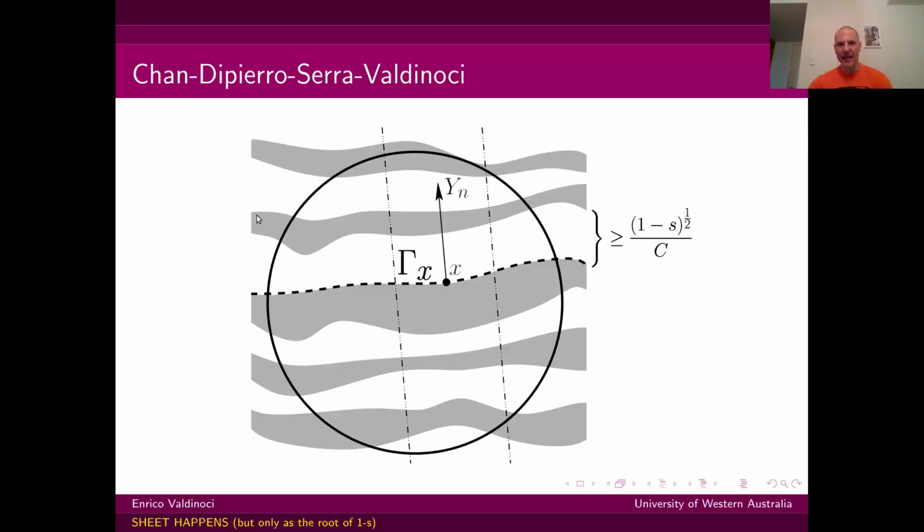So the sheets are the boundaries of these sets. Then you consider one of these sheets, call it gamma x. Then I want to take the normal direction of this sheet and check where the next sheet may occur.